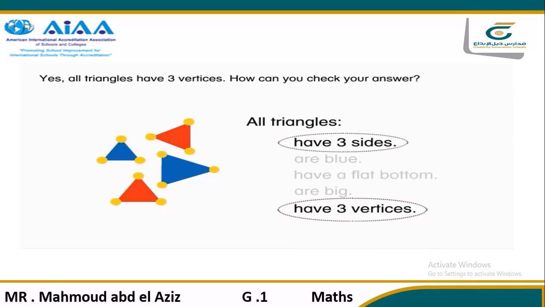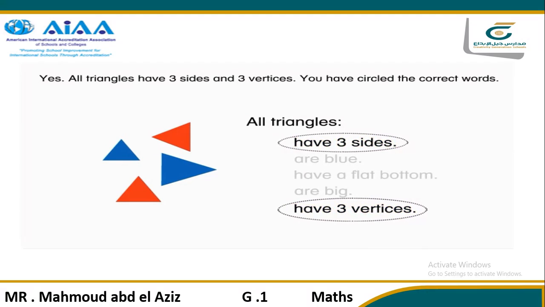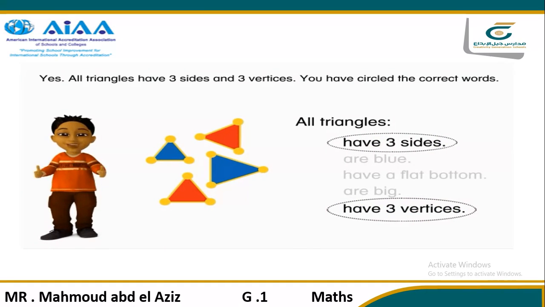How can you check your answer? You can check your answer by reading the sentences again to see whether they match the shapes and what you know. Are the sentences you circled true for all triangles? Yes, all triangles have 3 sides and 3 vertices. You have circled the correct words. Great job!